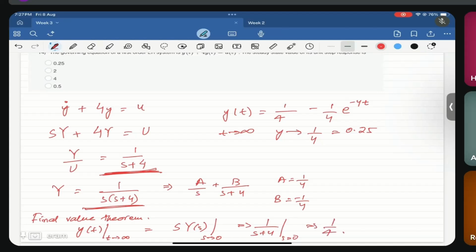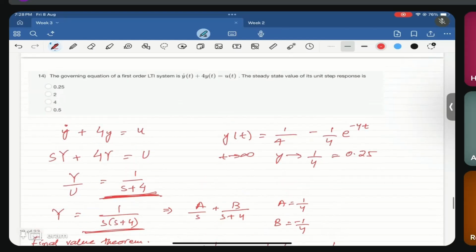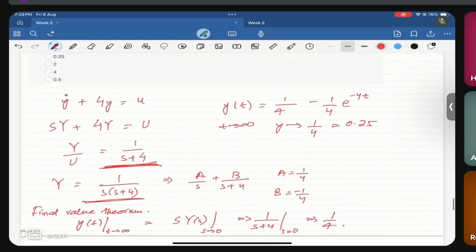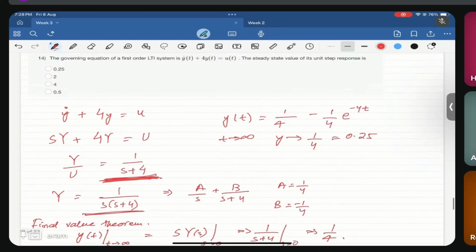So directly from the transfer function also, you can find out the steady state value, or the value as t goes to infinity. But first be sure that the system is BIBO stable. Okay, so the correct answer is A.